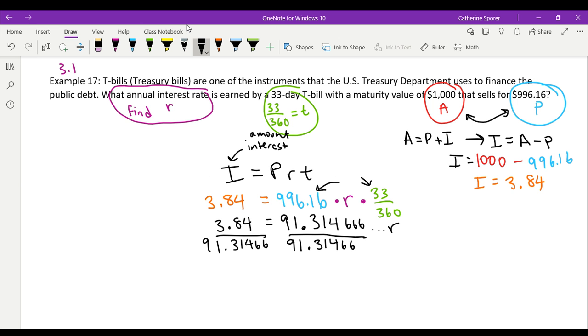Okay, so you divide 3.84 by that number, and you would get 0.042 when you do that division for the rate R. So that's the rate as a decimal, but really the rate should be written as a percentage. So we'd multiply that by 100. We'd get that the rate is 4.2%.